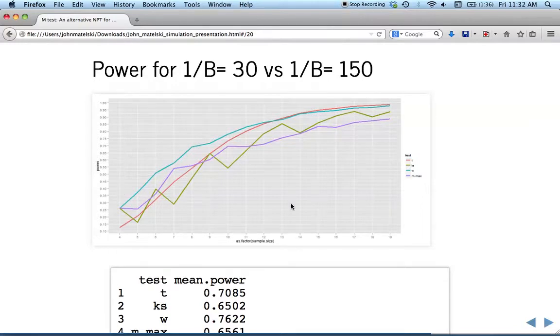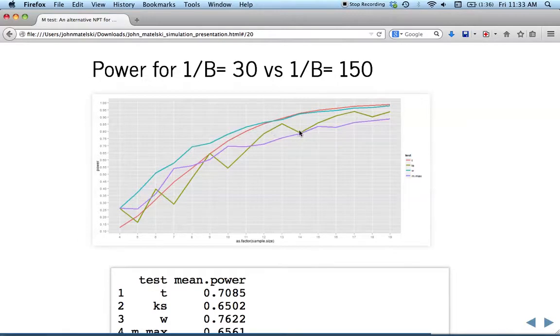So my main comment here is that all of these tests, even the one that I sort of made up, do what I would say is respectably well. And by that I mean, if we look at power 80 across the board, Wilcoxon got it at sample size 10, T at sample size 11, KS had some sawtoothing, so they had it and then they lost it and then they got it again.